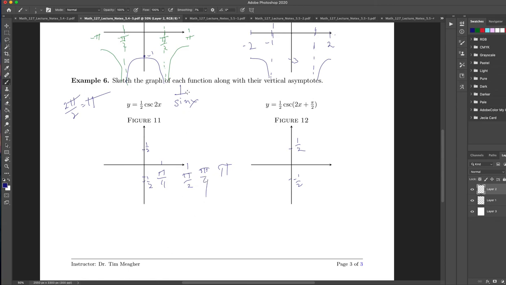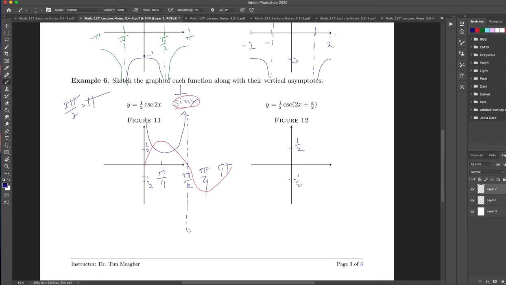Alright, and so here at pi over 2, so remember sine goes, let me just draw sine in red real quick. So here our sine would come up, go down, go through, and come back. And so the inverse of that, stretched to a half, would come in, go to the half mark, and then come back out.